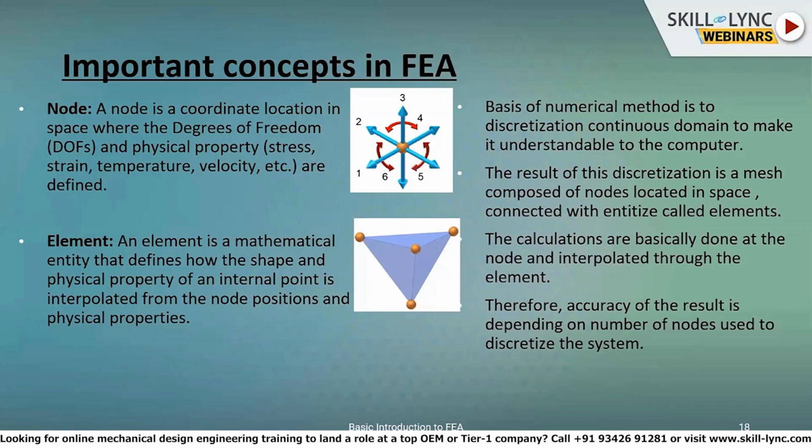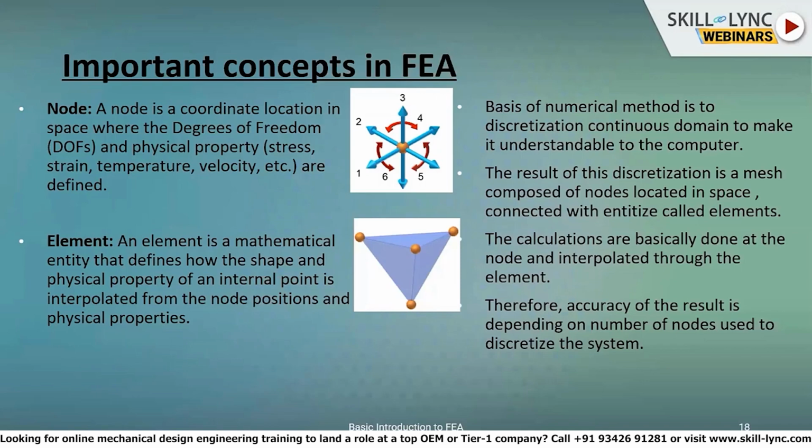That is what degrees of freedom means: how many parameters you will need to define the body completely in space. Our calculations we can do at those nodal points. Basically displacement we find at the nodal points, and subsequently stresses and strains are also found at the node locations.